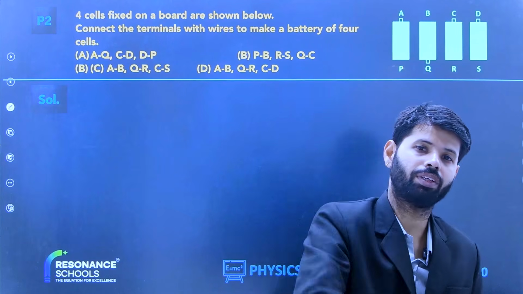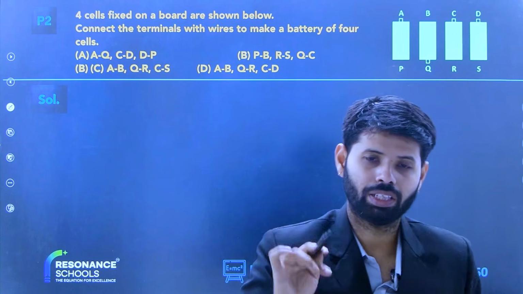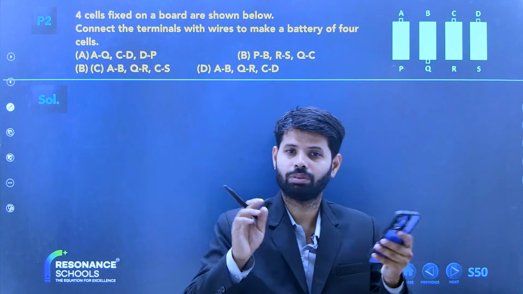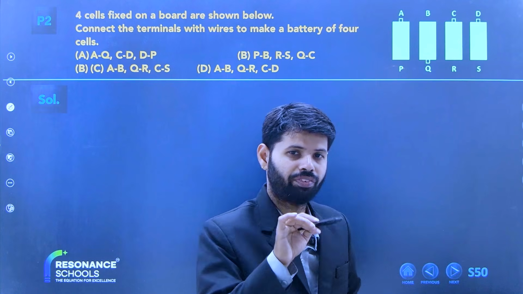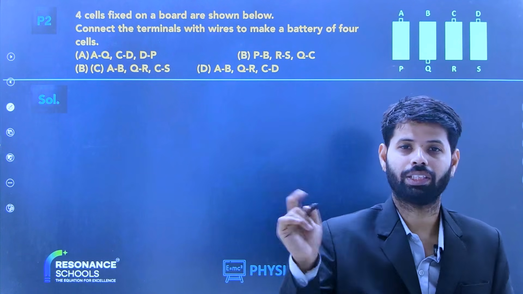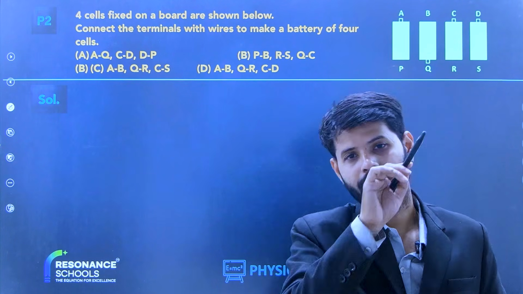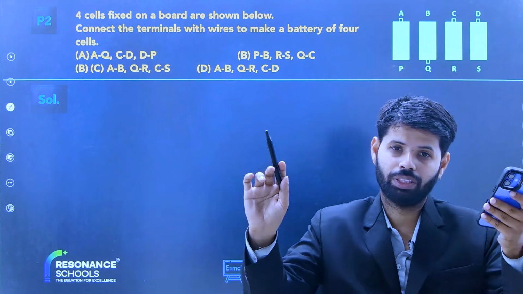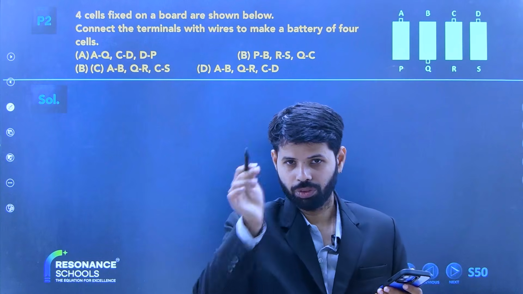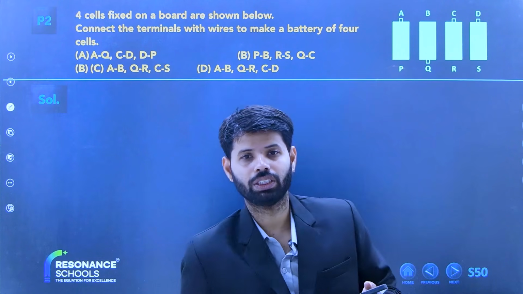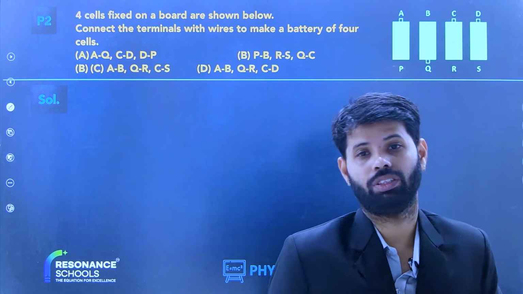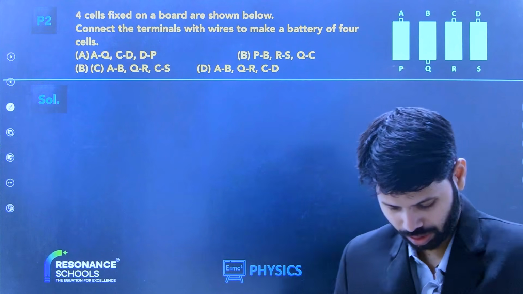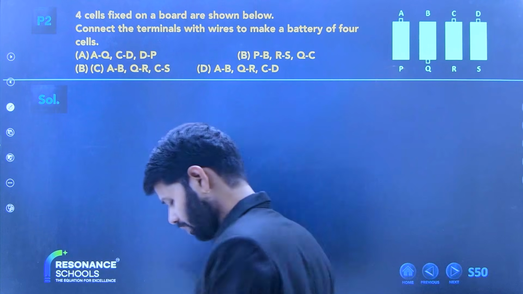If I leave this pen, it will go down because it has some mass and Earth is a huge mass. Whenever mass is present, there is a small attraction force. Force is proportional to the product of the masses and inversely proportional to the square of the distance between them. When you remove the proportionality, a constant comes, which is the gravitational constant. 6.67 into 10 to the power minus 11 is the value of the universal gravitational constant.